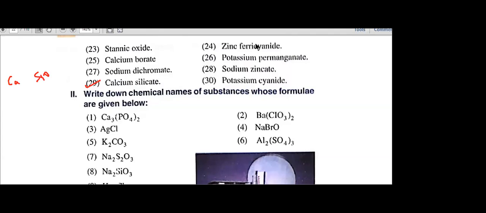Silicate is SiO3, not SiO4. What's the valency of calcium? 2, right? So this is calcium 2.